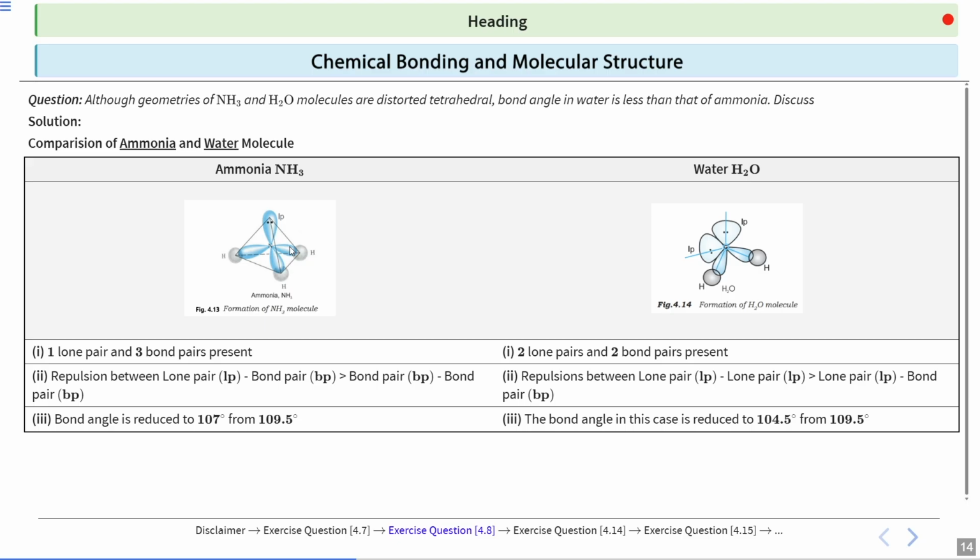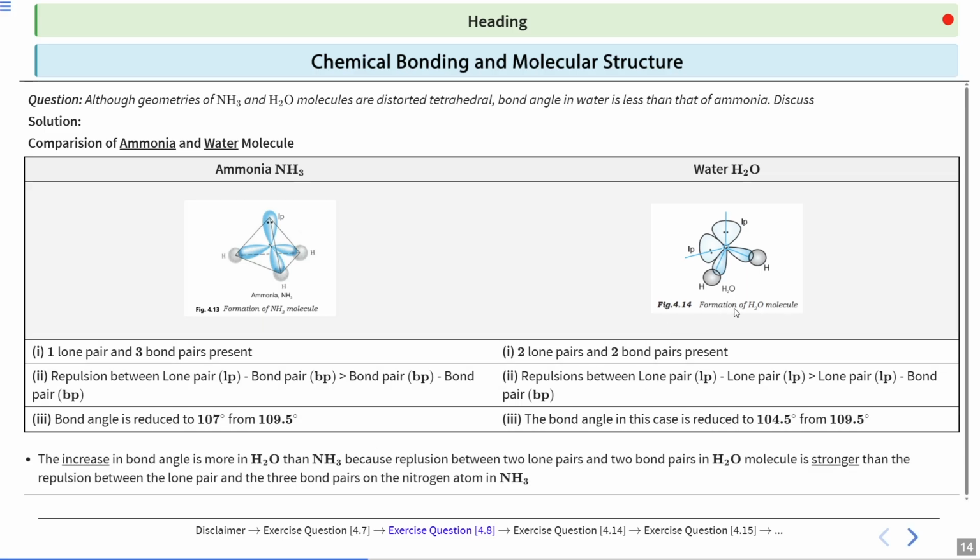So 1 lone pair on nitrogen and 2 lone pairs on oxygen. Now the question is that both contain lone pairs, then why is the angle reduction more in water? Because the count is more, and that extra count is creating an extra repulsion force on the 2 bond pairs, which are between H and O. Okay, again I am repeating it.